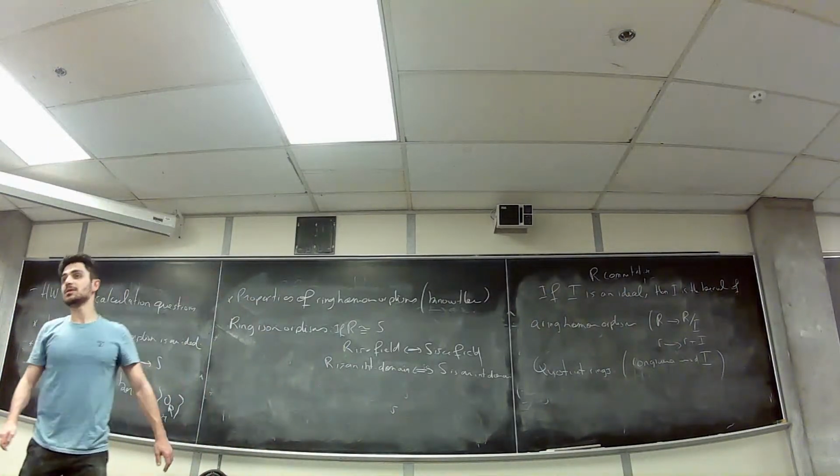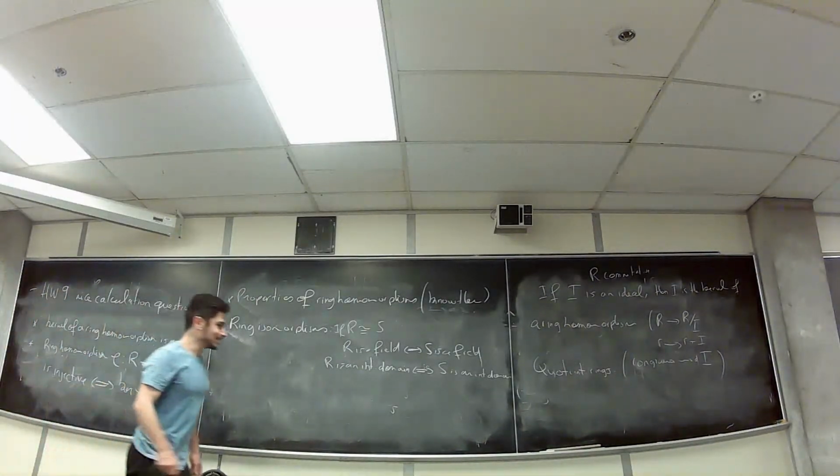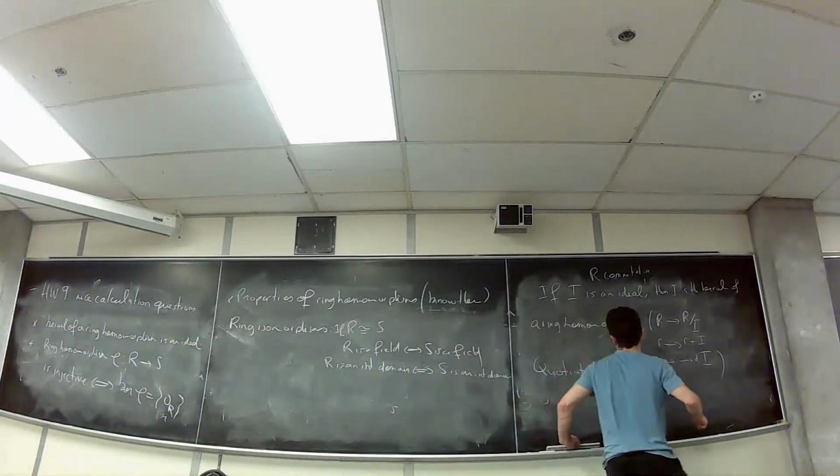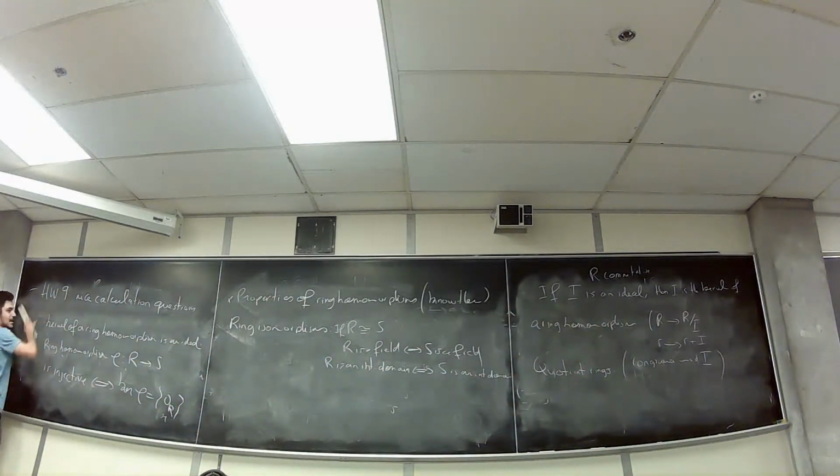What's the next important part? Characteristic of rings, exactly. We're doing rings now. Does this help you restrict the range of things you have to know?